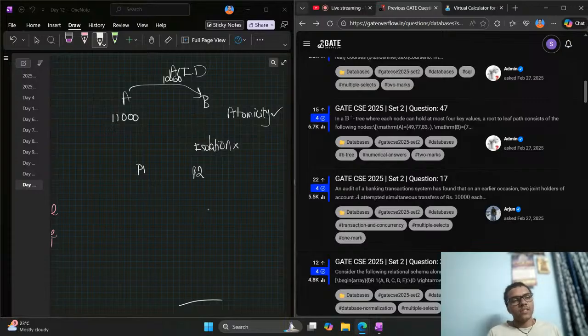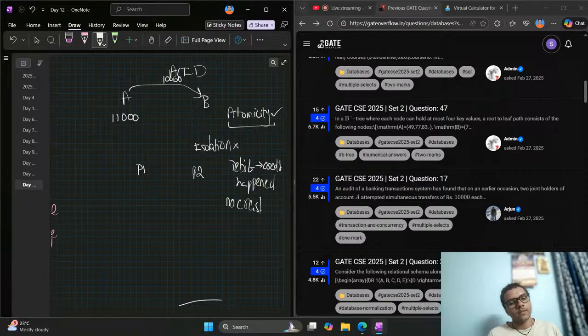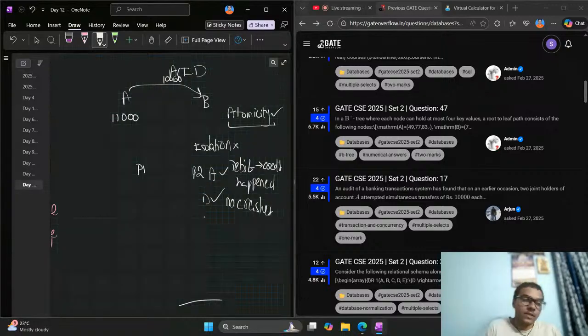So the conclusion is atomicity, debit, credit happened, and durability, no crashes. So atomicity and durability.